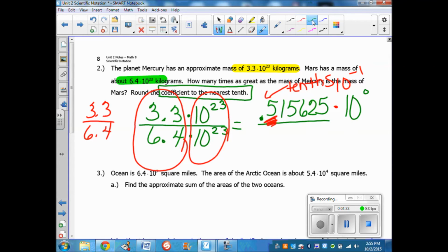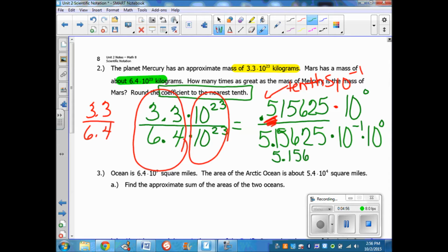So when we rewrite our coefficient, 5.15625 times, we need to bring in that 10 to the -1 times that 10 to the 0 power that we had from initially starting out. Now this is almost proper scientific notation. So I'd say 5.15625 times, add those exponents and we get 10 to the negative 1.